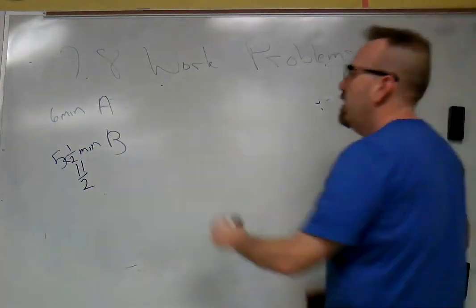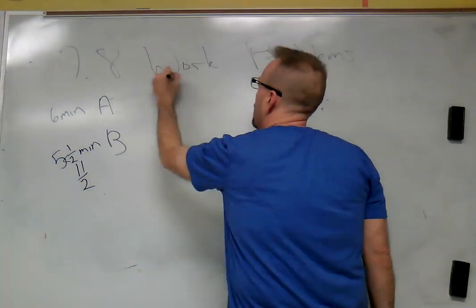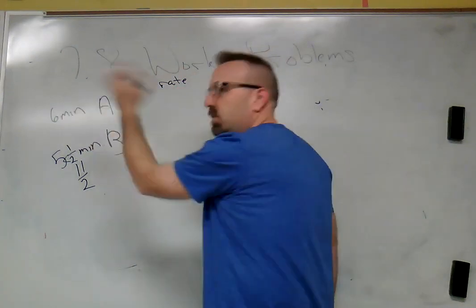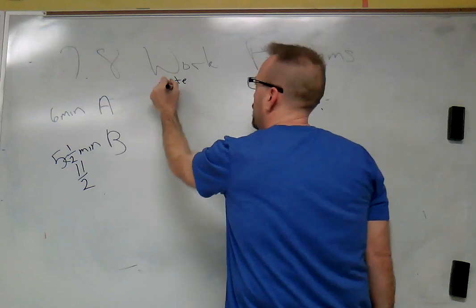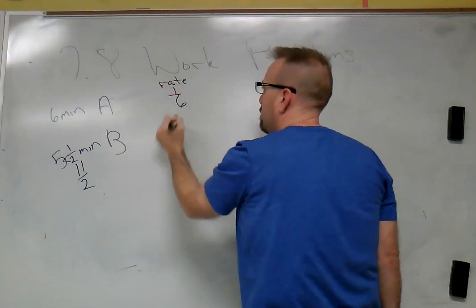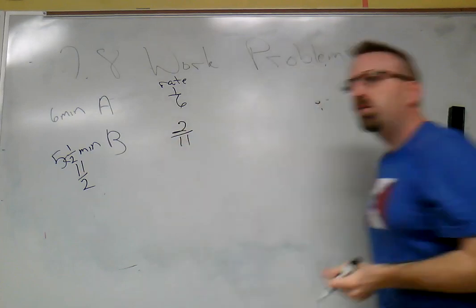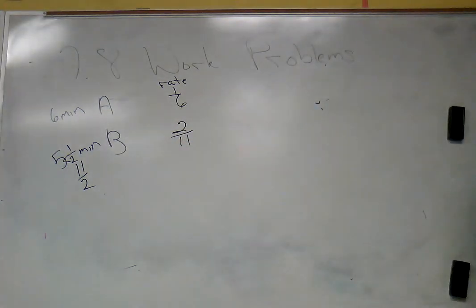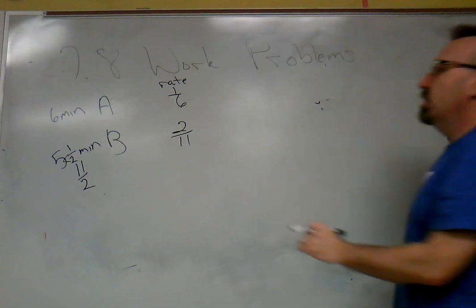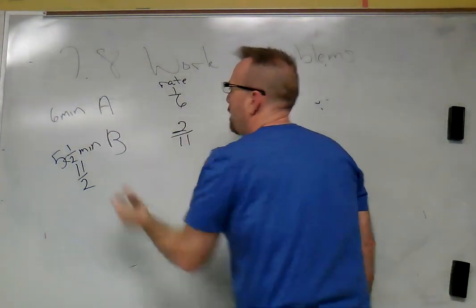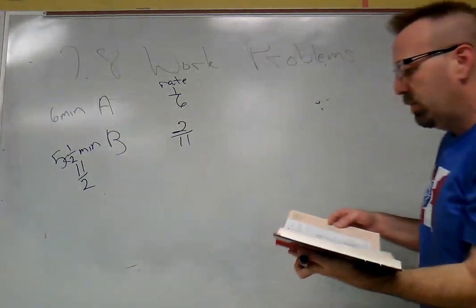Now the rate is per minute, the unit rate, and we could just take the reciprocal. So A's rate is 1/6, and the reciprocal of robot B is 2/11. See how I got those? You're dividing: how much work could it get done in 1 minute? I don't know why I keep calling it he, it's a robot.